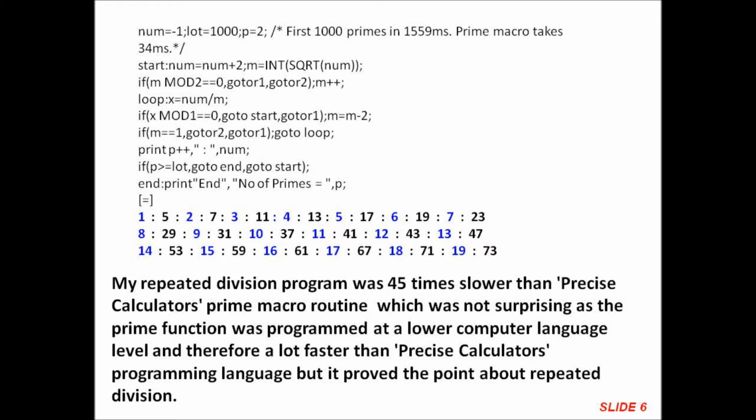My repeated division program was 45 times slower than Precise Calculator's prime macro routine, which was not surprising as the prime function was programmed at a lower computer language level and therefore a lot faster than Precise Calculator's programming language. But it proved the point about repeated division.